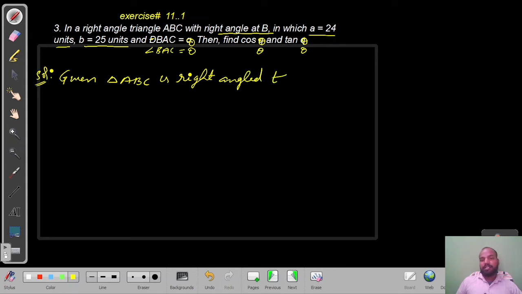Given right angle at B, that is nothing but angle B equals 90 degrees. Clear? Again, given A equals 24 units and B equals 25 units.